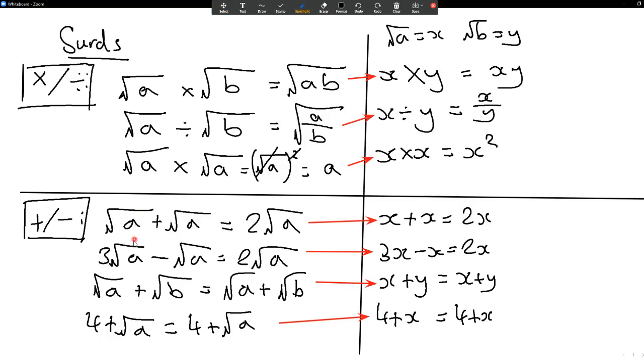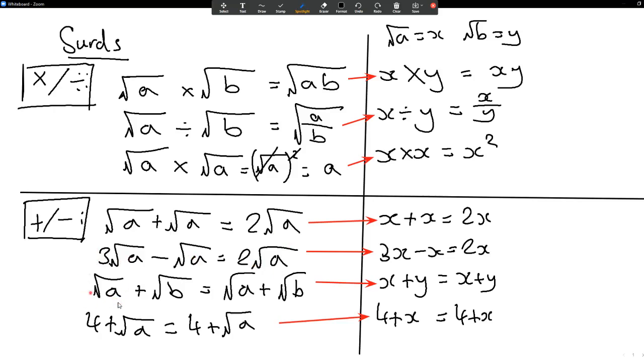That's just a placeholder. Okay, so when you're adding or subtracting the same surd, if you have 1 root a plus 1 root a, you'll get 2 root a. If you have 3 root a minus 1 root a, you'll have 2 root a.